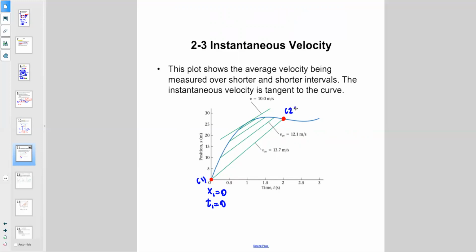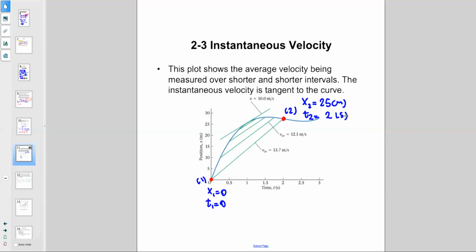In point 2, right there on top, I have x2 being 25 meters and t2 is 2 seconds, okay?